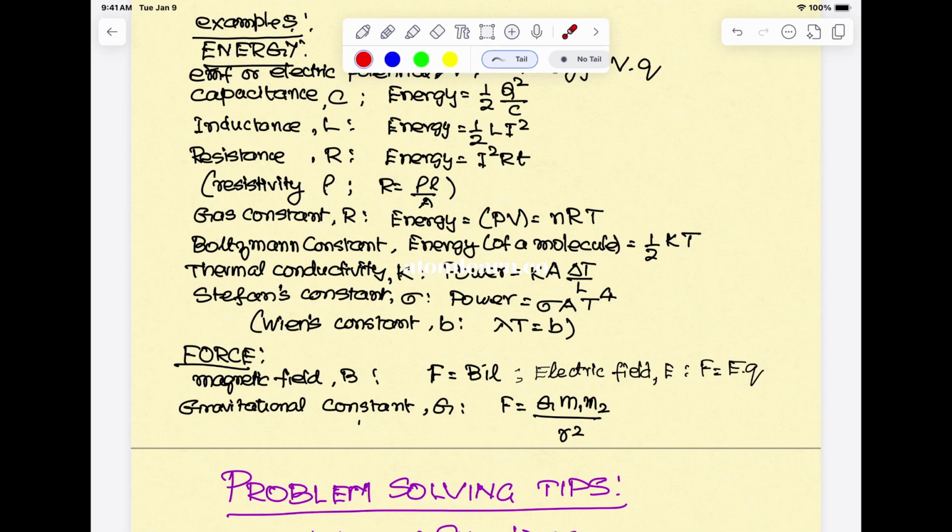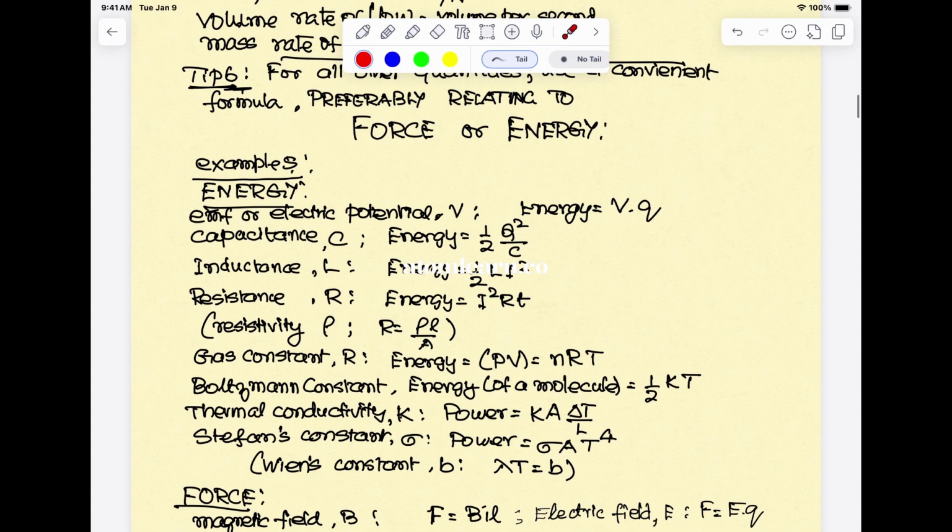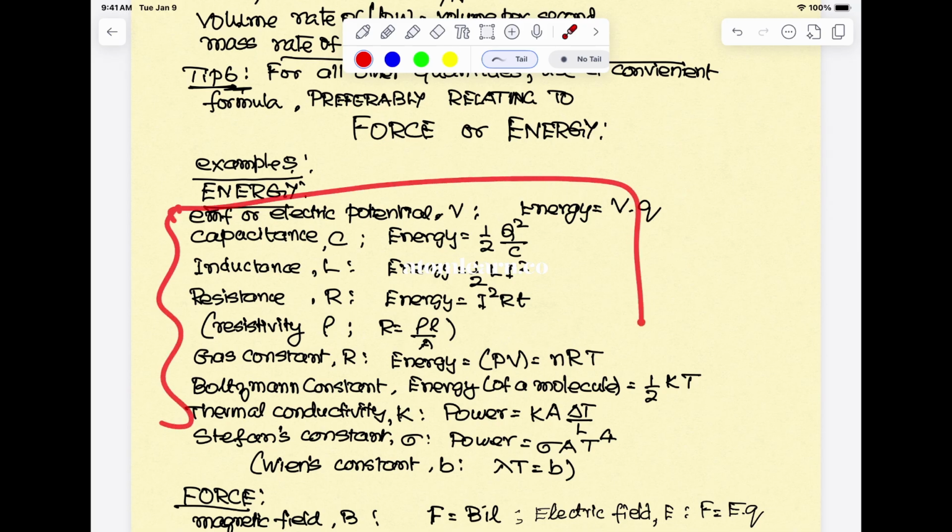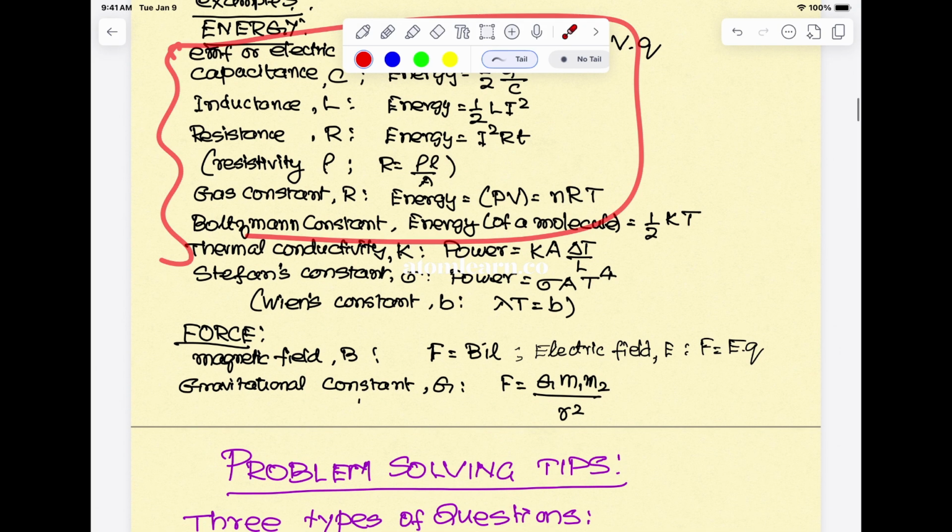If you want to link only energy, then you will have to use energy density, which is equal to half B squared by mu naught. Now, mu naught, of course, you would have to memorize, but there is no point in taking such a long route. You must take a shorter route. That's why I said that most quantities will have an energy relation. Use it first.